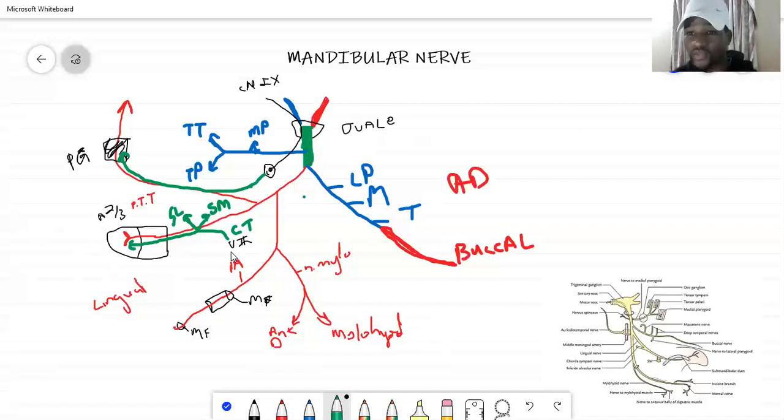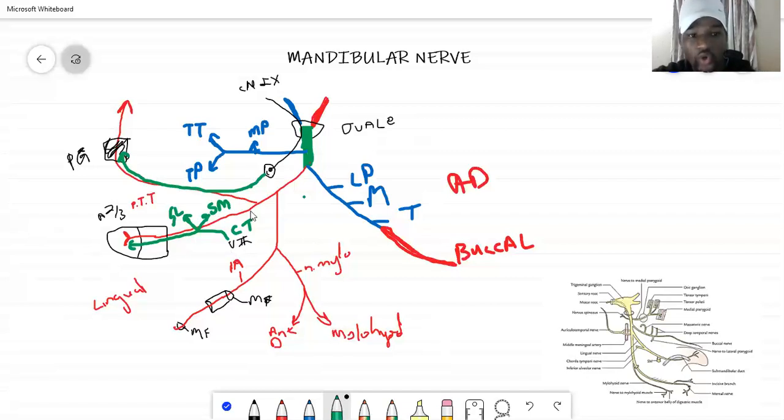Because the only one that is not innervated by the facial nerve is your parotid gland. It is instead innervated by cranial nerve number 9. But to be specific, the branch of it is the lesser superficial petrosal nerve, as we said. So that's it, guys. This is as simple as that.